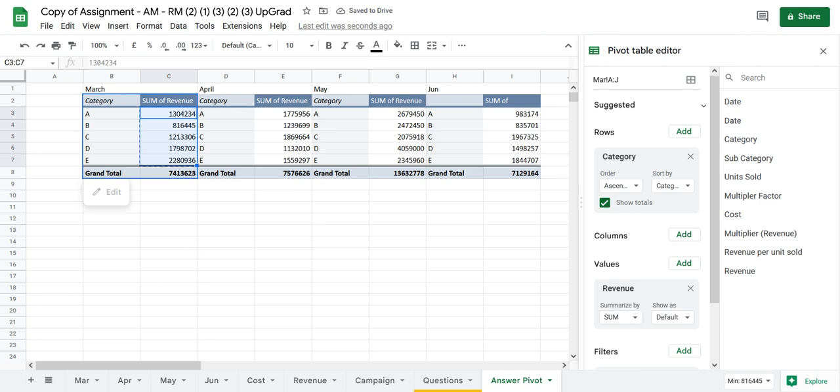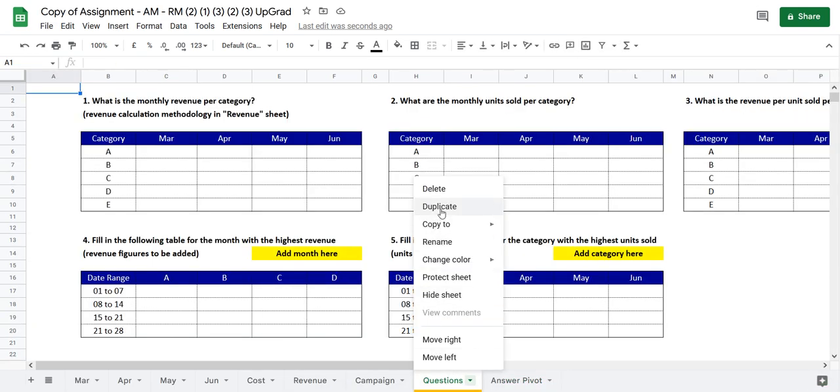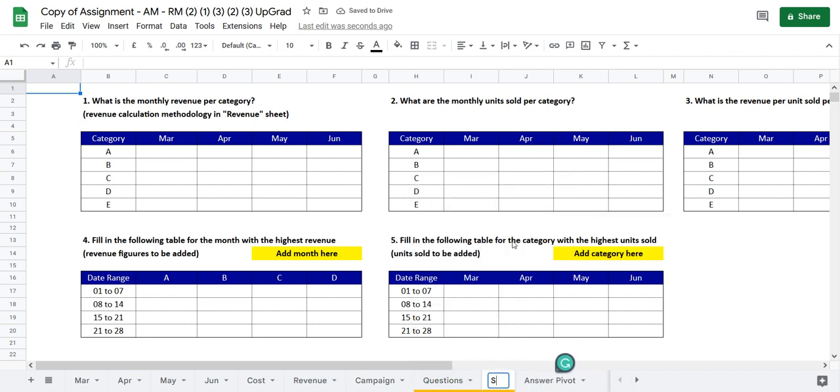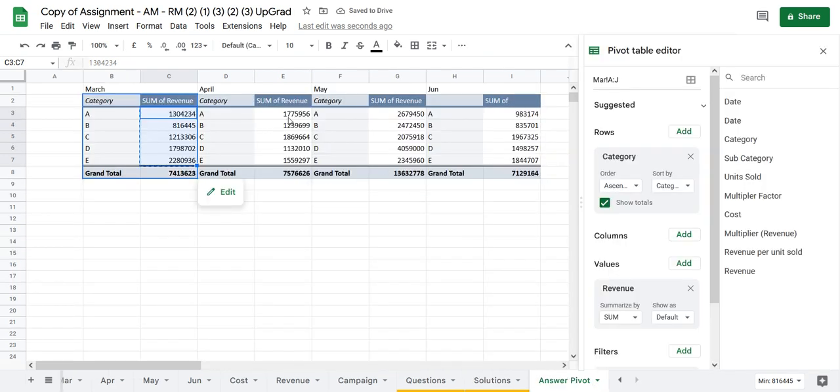I'll copy the answers. I'll create a duplicate of this particular tab and rename it as solutions. For March we have this much revenue. Similarly for April we can copy the revenue.